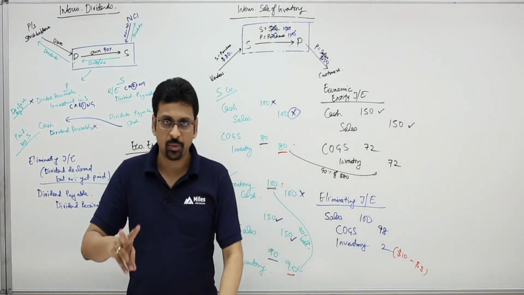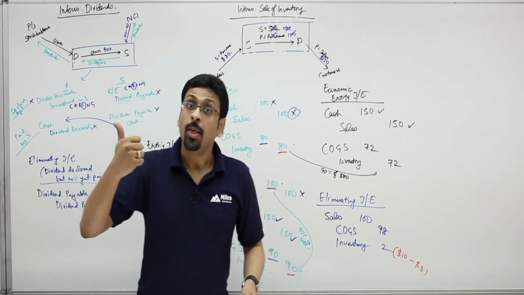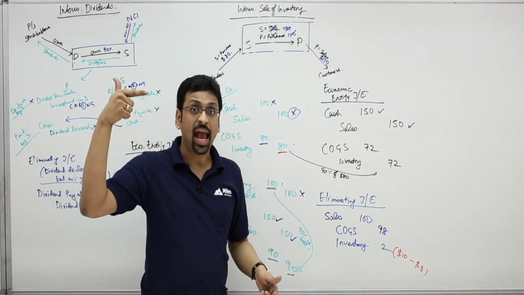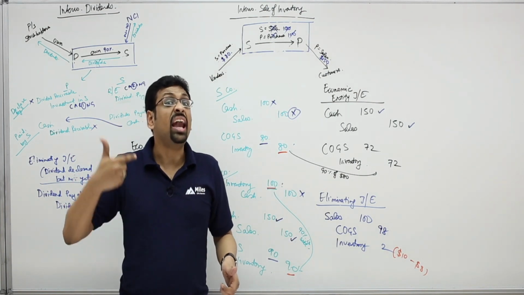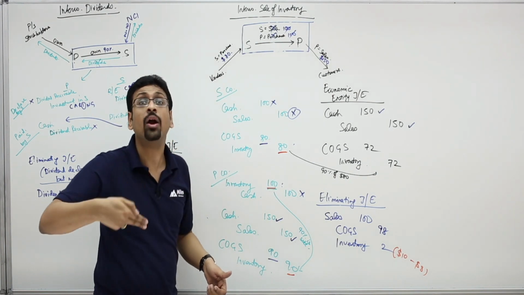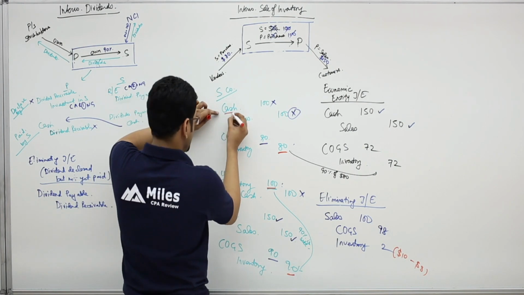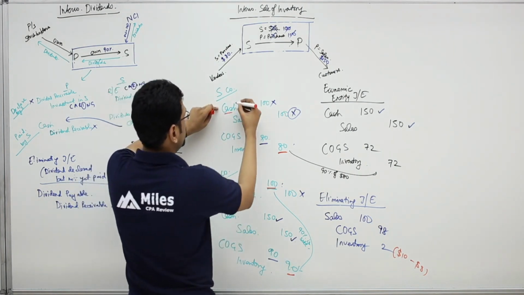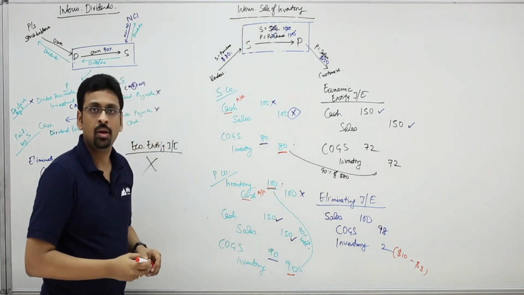So we've looked at two things. Number one, we are eliminating the intercompany sales. Number two, we are eliminating any profit in ending inventory. And number three, if the sales and purchase happened on credit. So good thing here, you had cash and cash. How about this was accounts receivable and this was accounts payable?